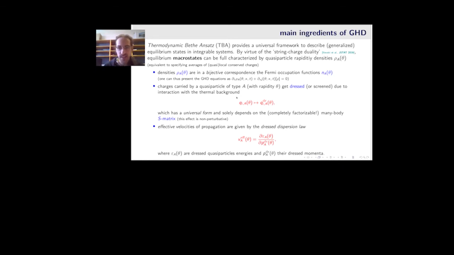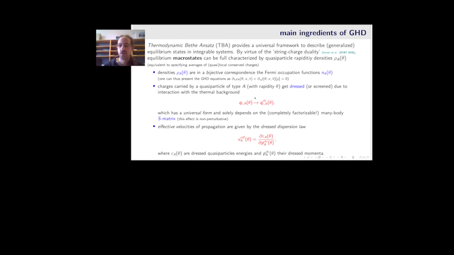Here it's slightly more complicated by the fact that when a quasi-particle propagates through a background, which can be some thermal background of other quasi-particles, every time it collides with other quasi-particles, it gets a bit perturbed. The effect is that the bare charges it carries, as if it were propagating on top of the bare vacuum, get renormalized into the dressed quantity because of this interaction with the environment.